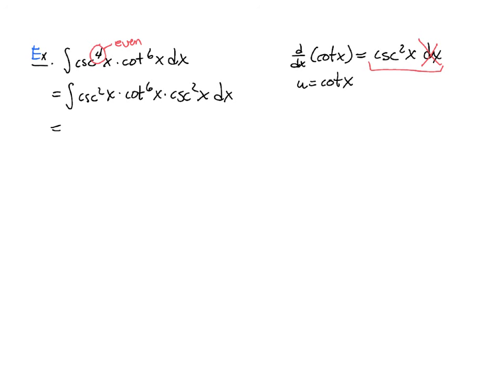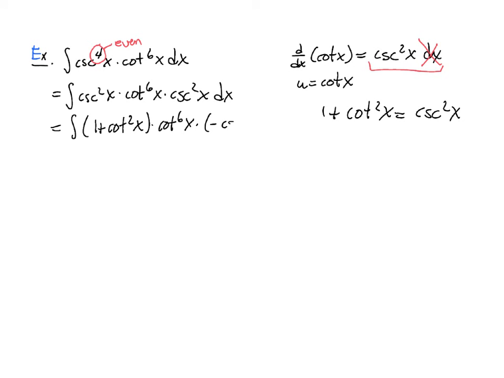Cosecant squared, what was our Pythagorean identity? 1 plus cotangent squared x equals cosecant squared x. So I have the antiderivative of 1 plus cotangent squared x times cotangent to the sixth x times, let's have a minus cosecant squared x dx with a new minus sign outside the antiderivative.